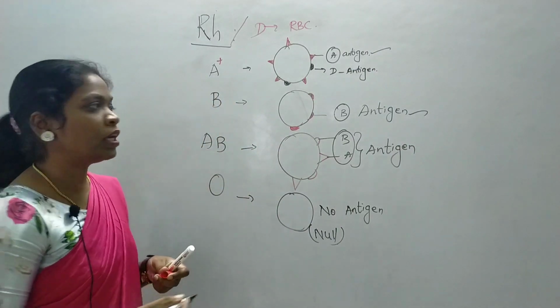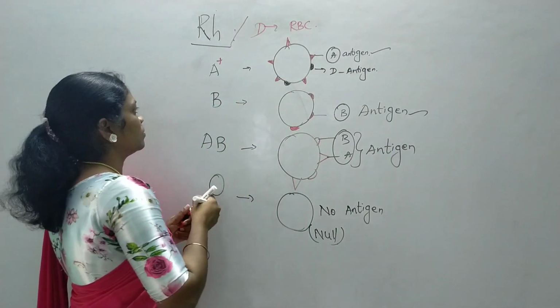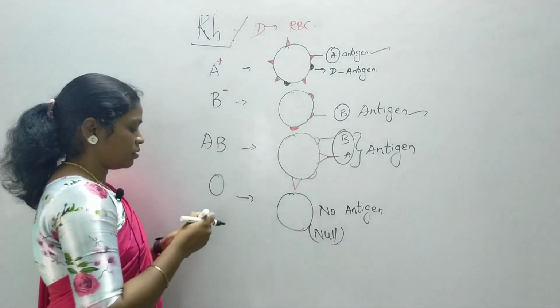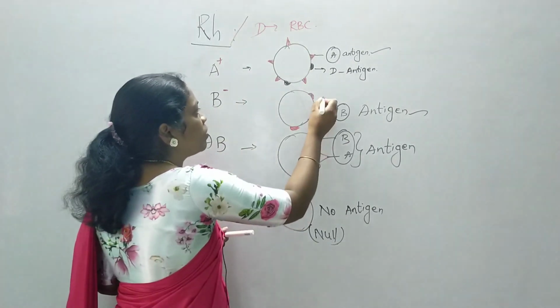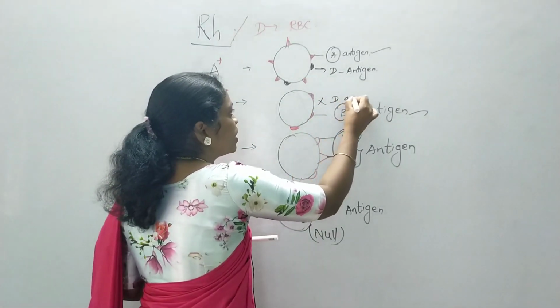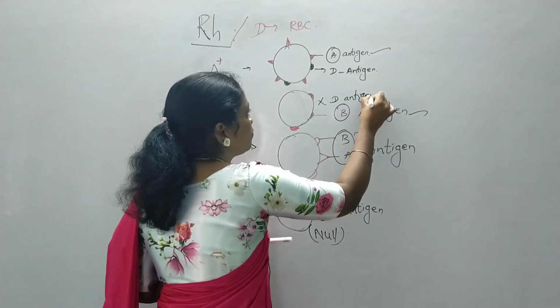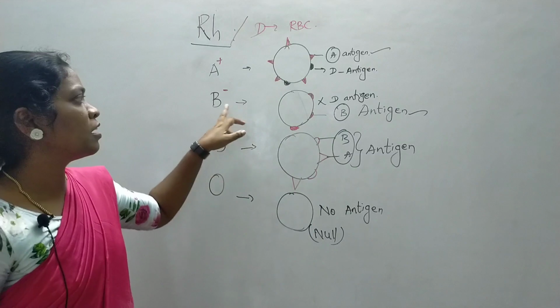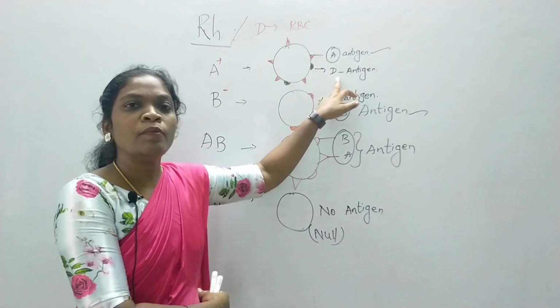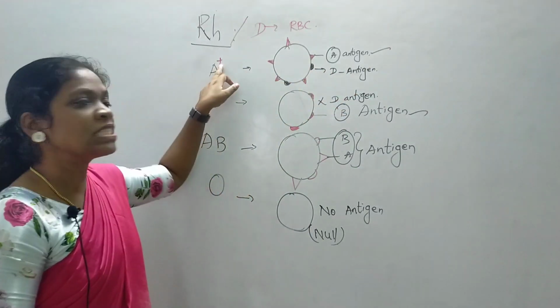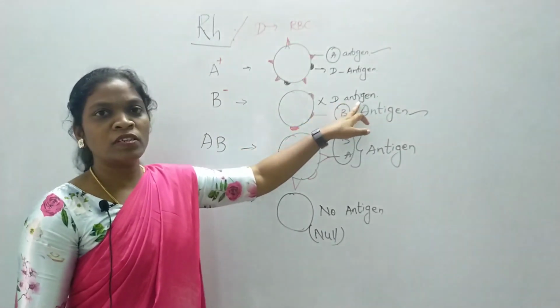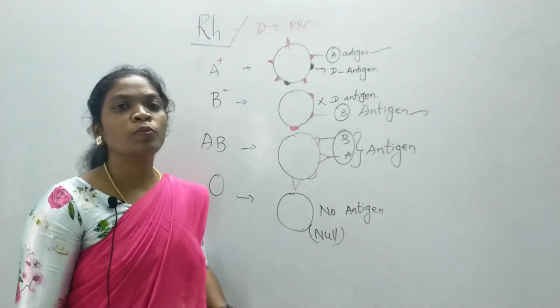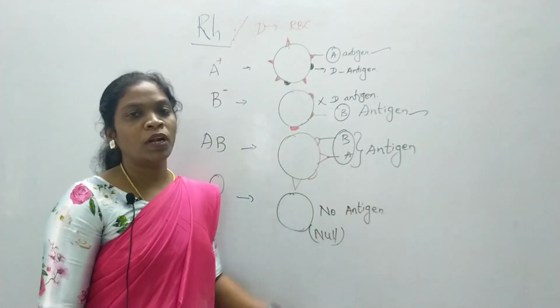If the next blood group B is negative, there will be no D antigen on the surface. So if the D antigen is present, this type of blood group is known as positive blood group. If D antigen is absent, this type of blood group is referred to as negative blood group.